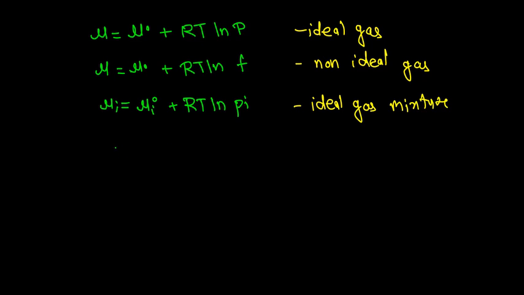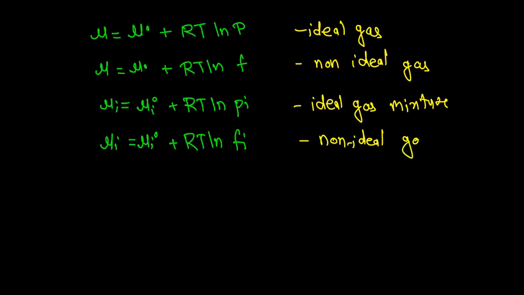Then in an analogous manner we can define mu i equals mu i naught plus RT ln fi, where this is defined for a non-ideal gas mixture, and we have Pi by fi tending to 1 in the limit capital P tending to 0.